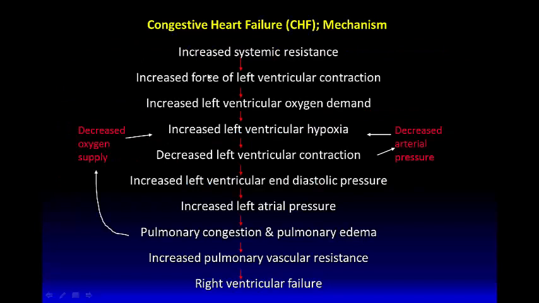So when there is increased systemic vascular resistance as a result of systemic arterial hypertension, or when there is aortic valvular stenosis, these result in increased force of left ventricular contraction, because the left ventricle would have to work harder to overcome the increased systemic vascular resistance.